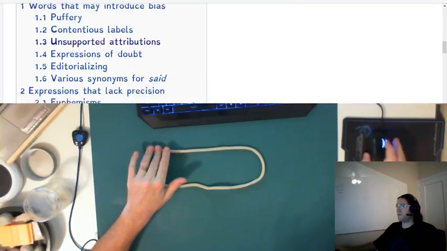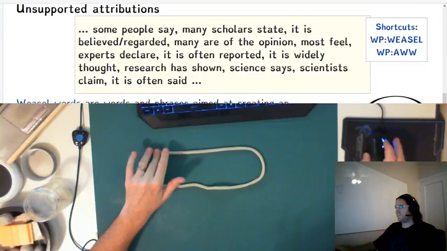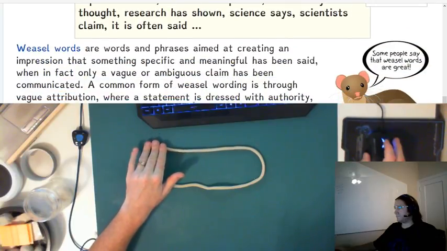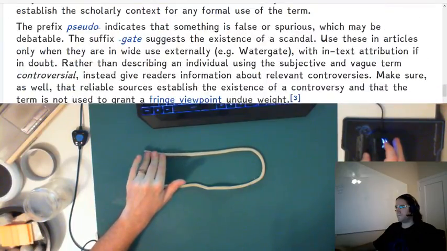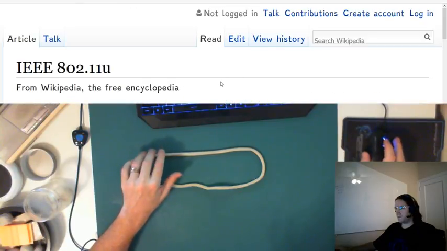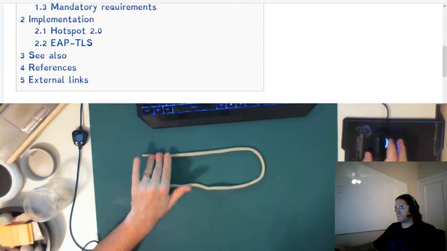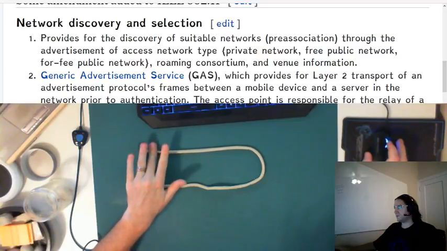What is... Oh, okay. That's what. It provides the discovery of suitable networks pre-association through the advertisement of access network types.